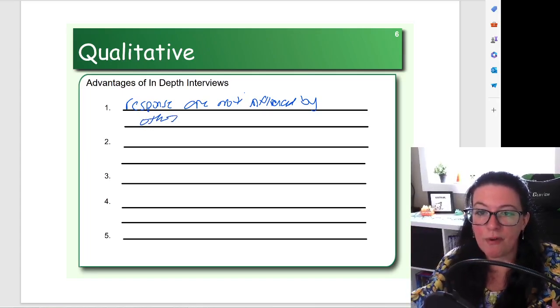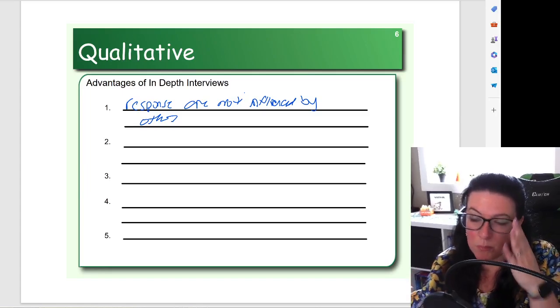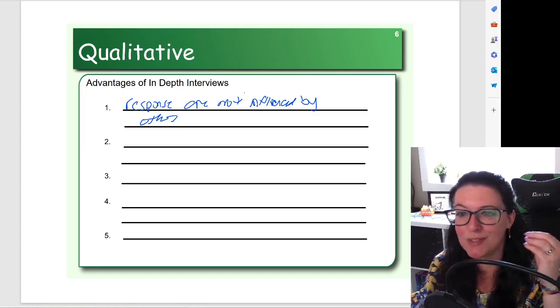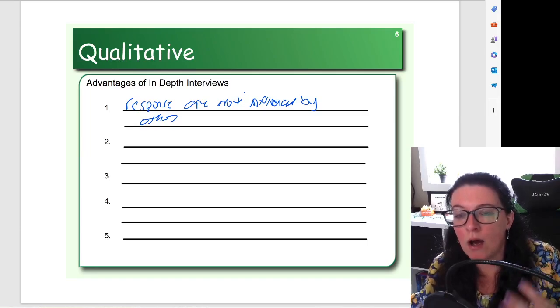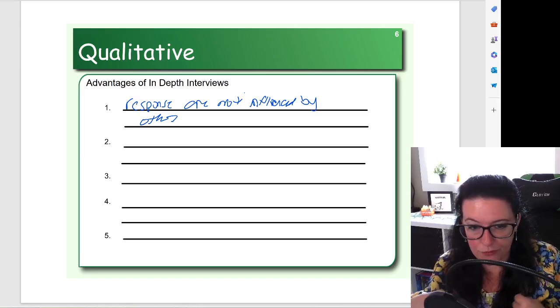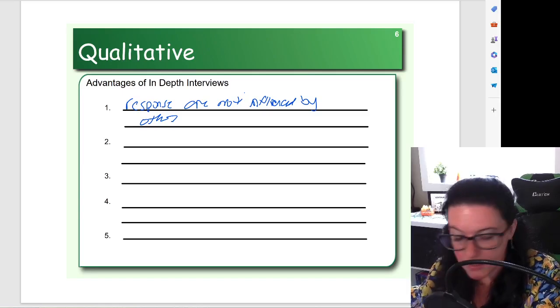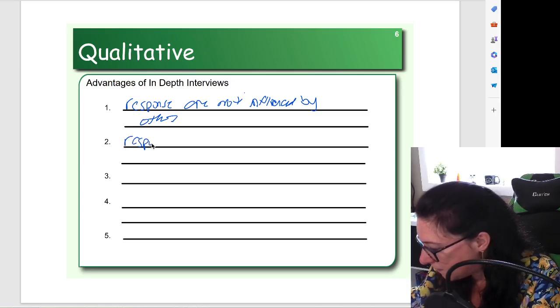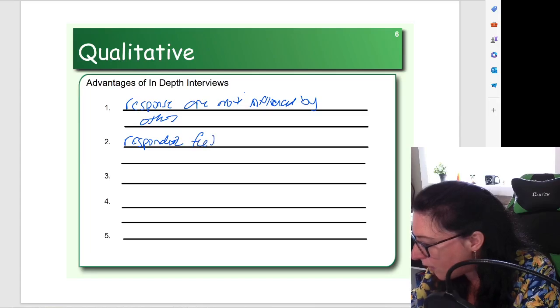Right, so the benefit of the focus group was that they can feed off of each other, and then you get more information because it includes the things that other people haven't thought of. But here, if we want it to not be influenced by another person's comment, we would go with an interview. That helps in terms of the respondent will be more likely to provide you information because you are focused solely on them.